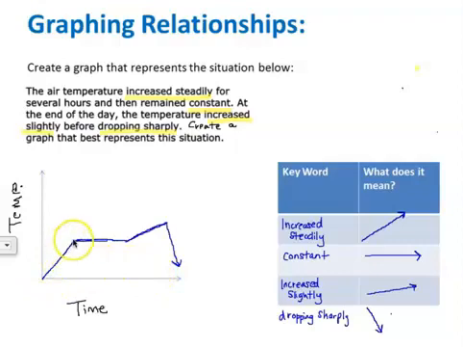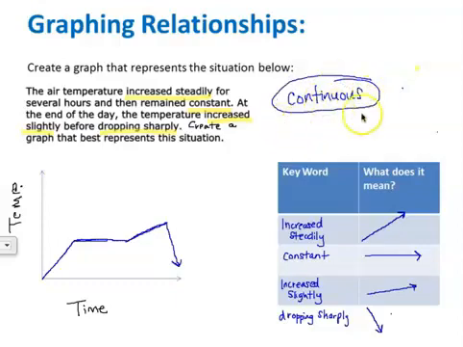There's no gaps, there's no holes in this graph. So because there's no stopping points, it's one continuous line, we call this a continuous graph. So this would be an example of a continuous graph.